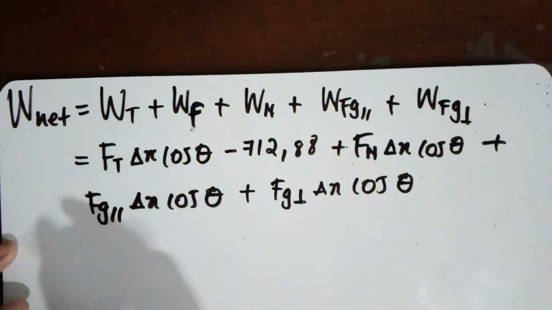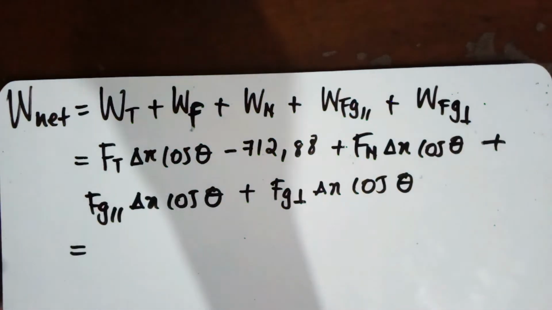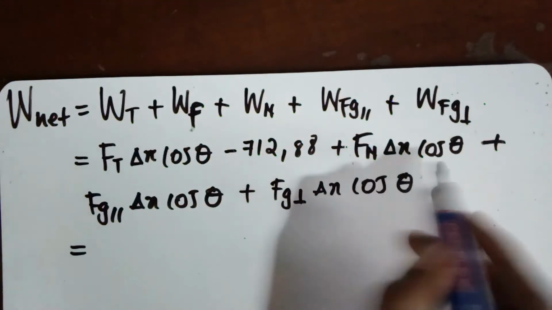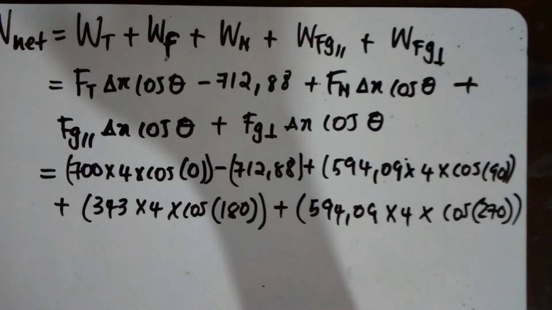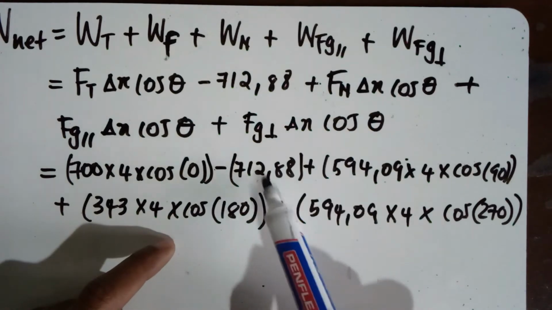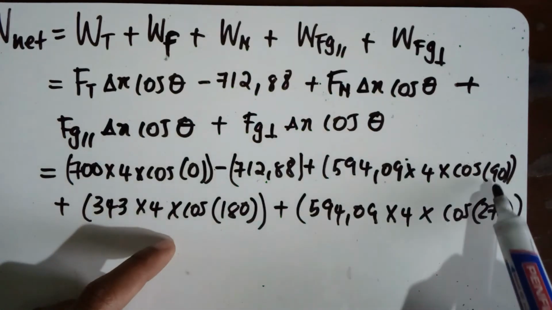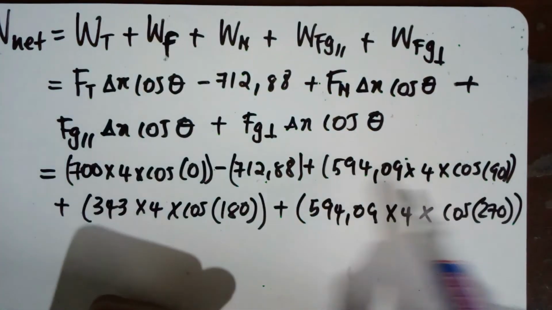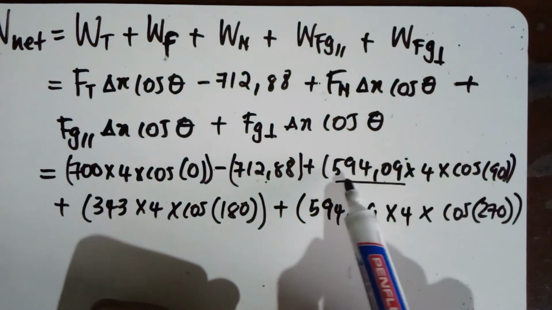So let me just fill in everything now, all of those angles as well as our displacement. Have a look at it. So here we have cos of 0. We know the value for this. Here we have a cos of 90, the normal. But this is an important thing. Where is the 594 coming from?